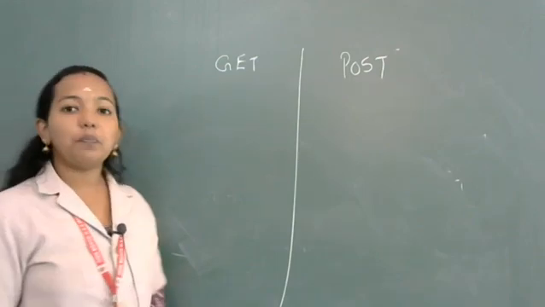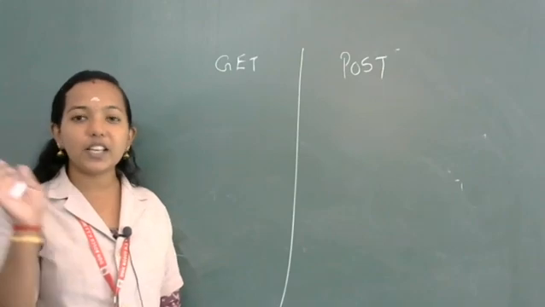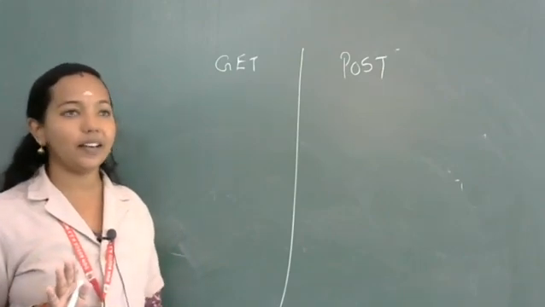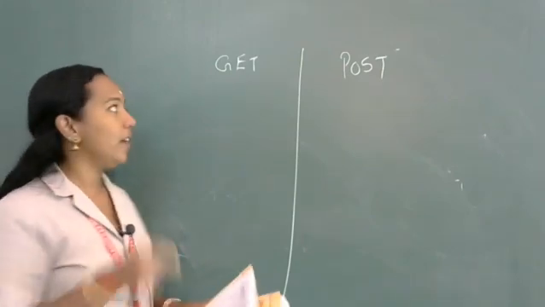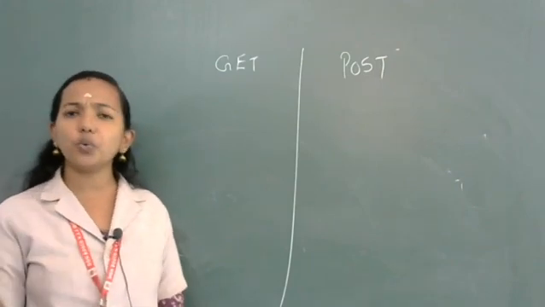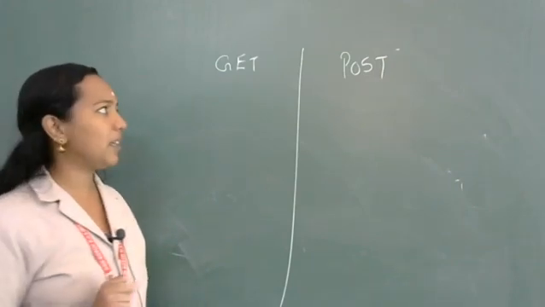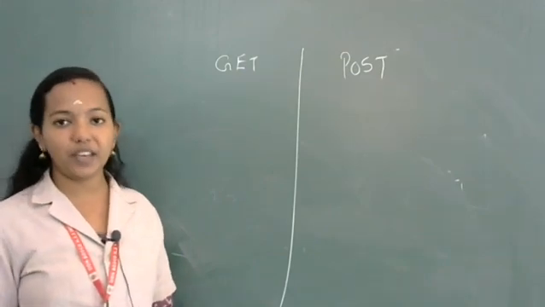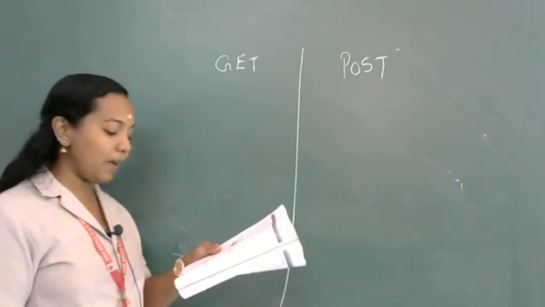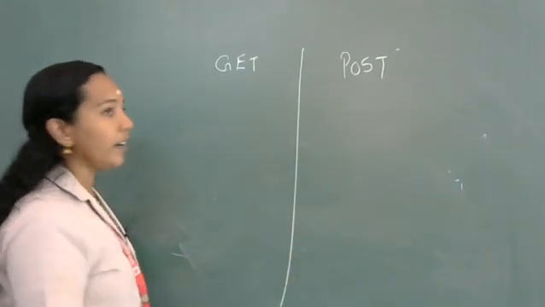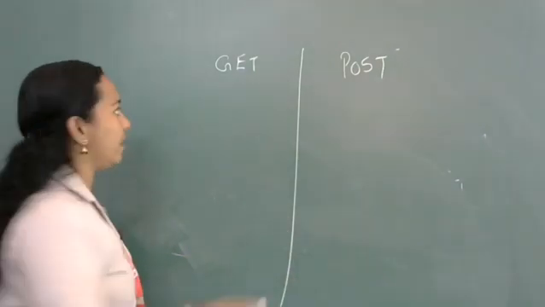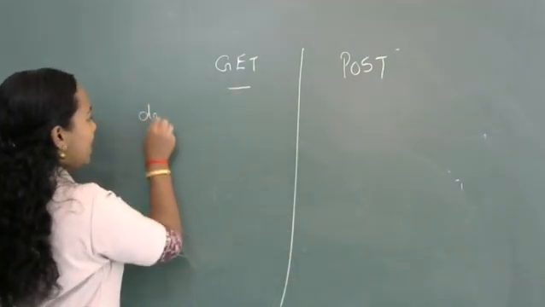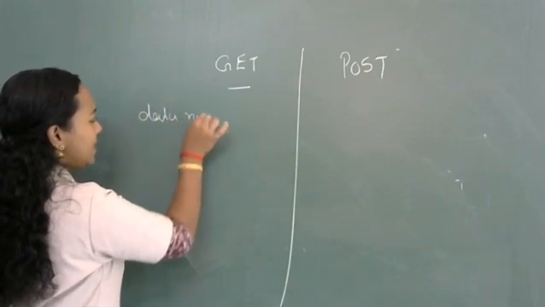But with the post method, only the essential information will be displayed in the address bar. With get method, we can only send 2000 characters. But with post method, there is no limit. Any number of characters we can send. The first comparison is that the data remains visible in the address bar.